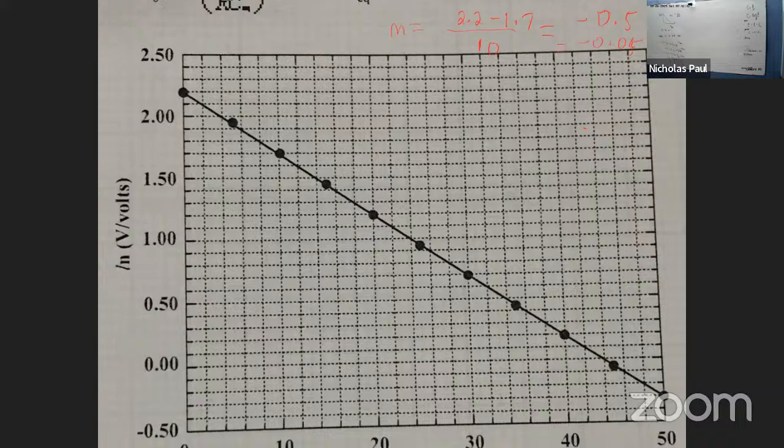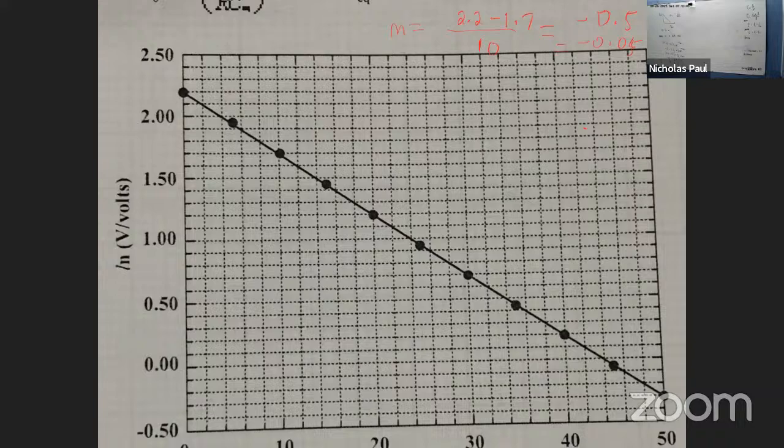0.55. Online, any answers? Let's see if we can depend on online here. Tabisha, what did you get for your gradients? So you think 0.05?